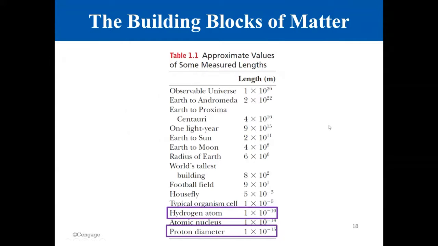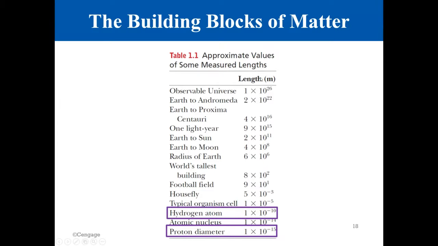So here we have to learn also about approximation. These are approximate values of some measured lengths, like the distance from Earth to Moon. We round the numbers. It is approximated by 4 by 10 to the power 8 meters.